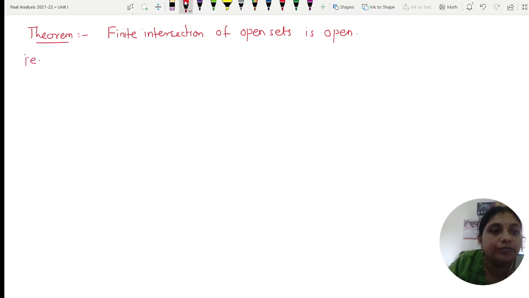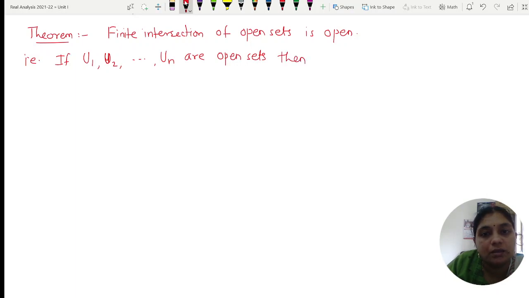That is, if U1, U2, ..., Un are open sets, then the intersection over i equal to 1 to n of Ui is also open. We want to prove this.